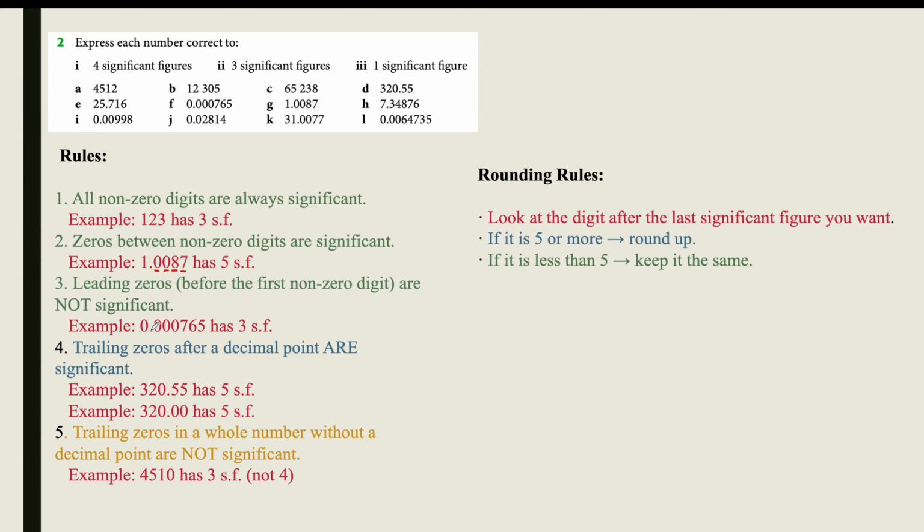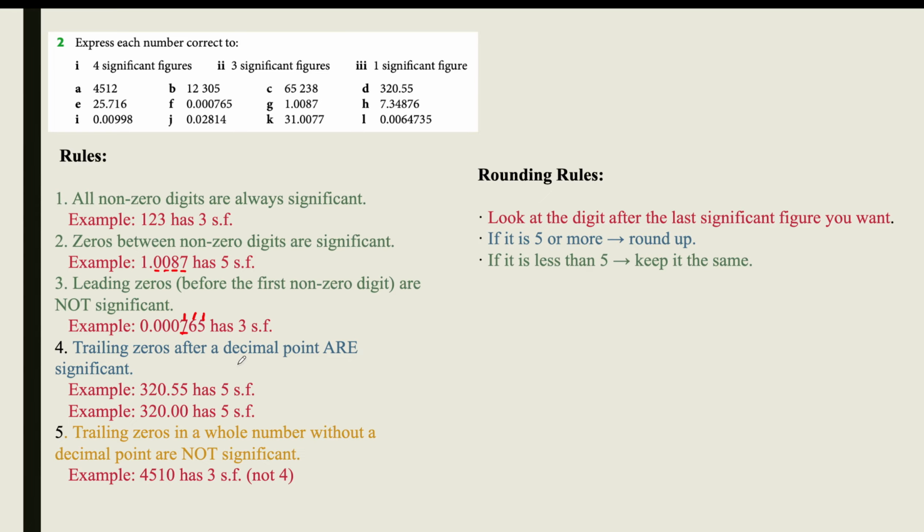So in here, as you can see, 0.000765, the first non-zero number is 7. The zeros before 7 are all not significant. So the first significant figure is 7, second is 6, and third is 5.